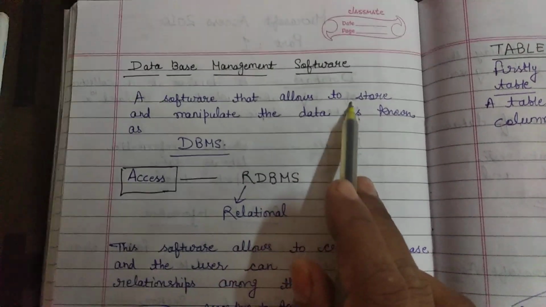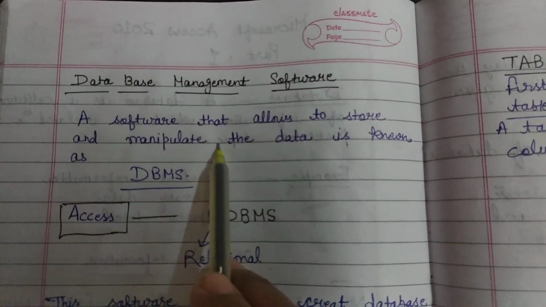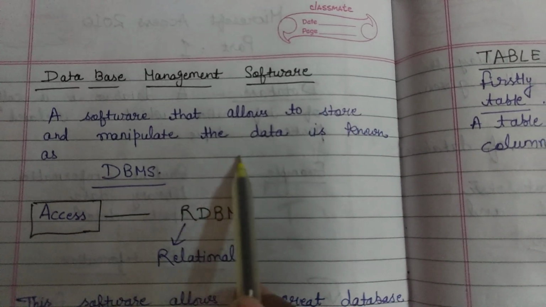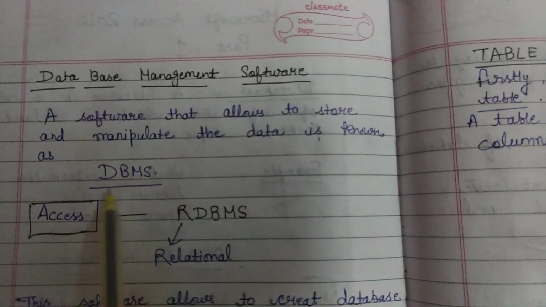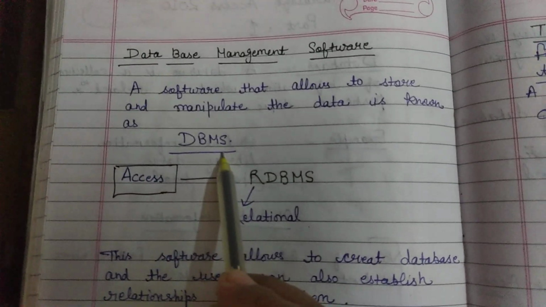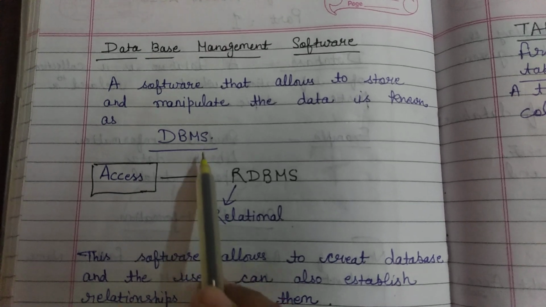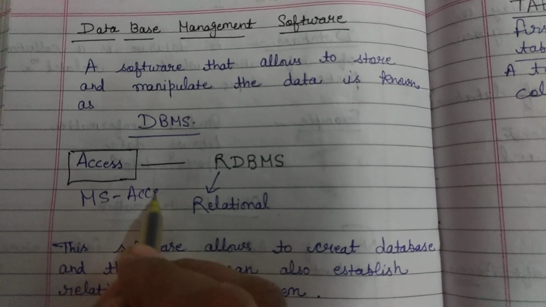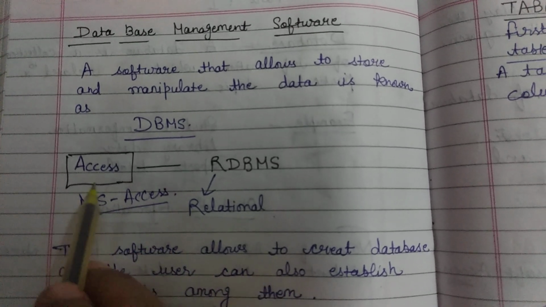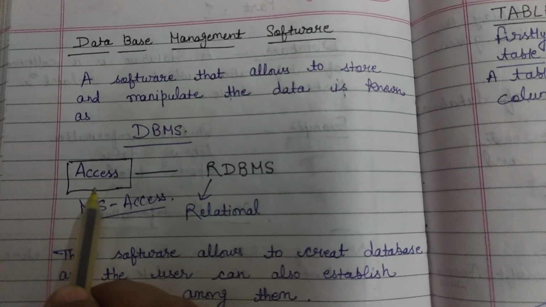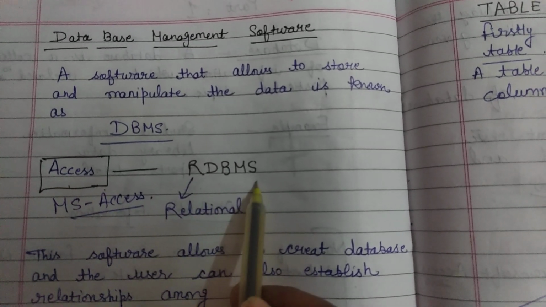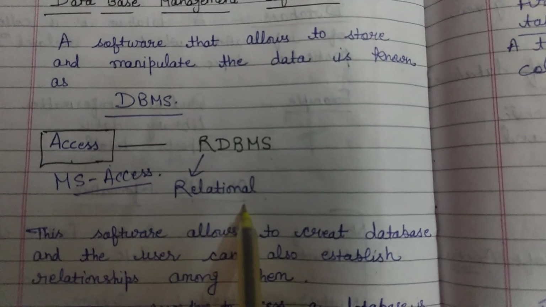Now, database management software. A software that allows to store and manipulate the data is known as DBMS, Database Management Software. In this chapter, we will learn about MS Access. This software is known as RDBMS, where R means relational.